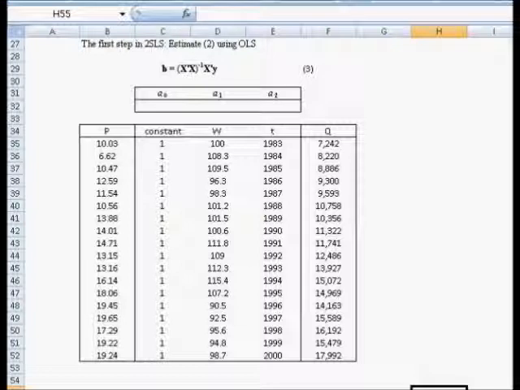Excel has several matrix commands, which are easier to use if the variables are named first. In Excel, you can name a set of observations by clicking first on the number, for example 10.03, holding down the Shift key, and then hitting the arrow down key until all numbers are highlighted.